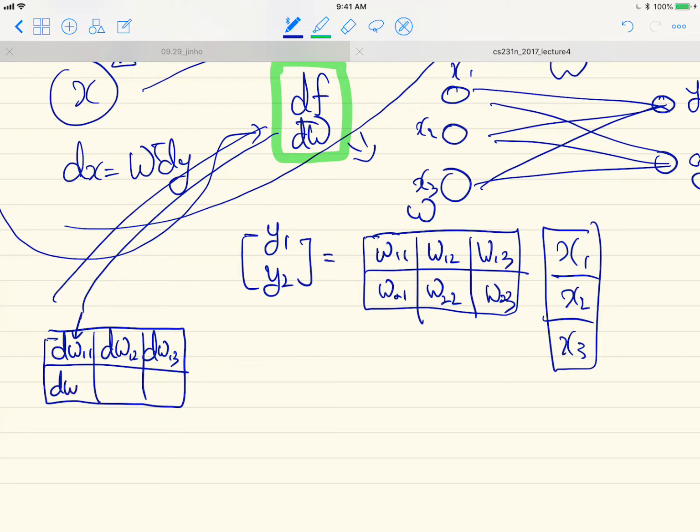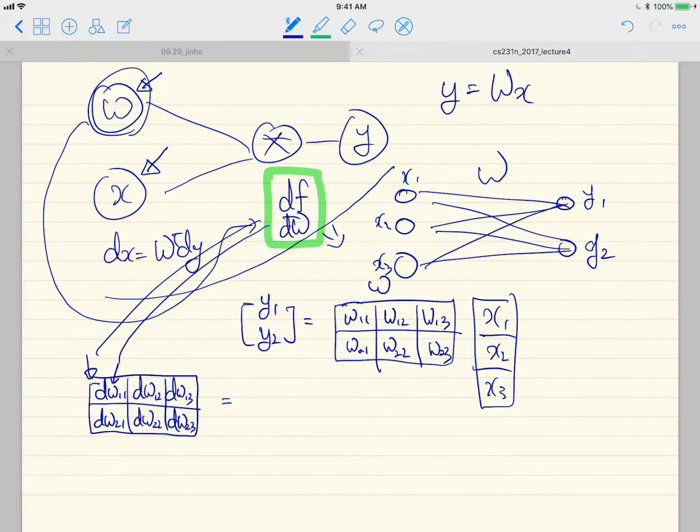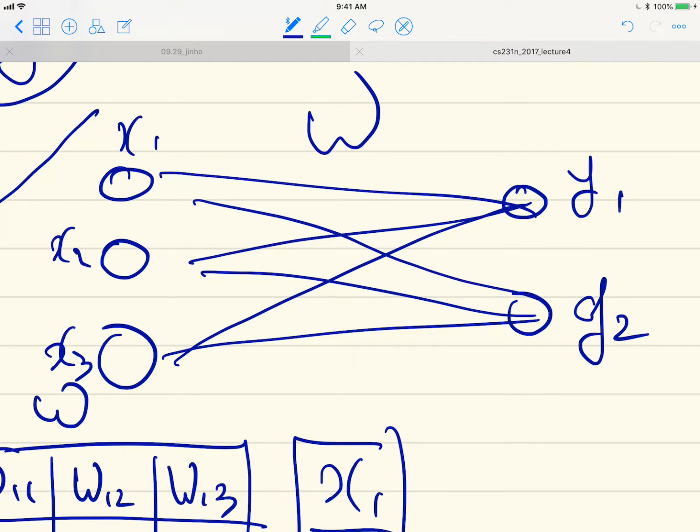Let me just finish it. Now let's fill that out element by element. So what is this gradient with respect to W11? Where is W11?